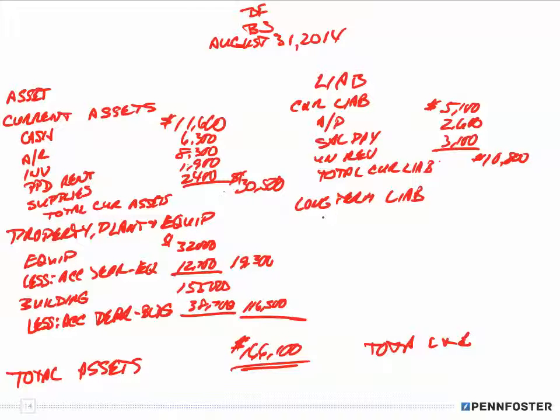Okay, and in this case, I have a note payable and I have a mortgage payable. And this is going to be the same thing. I have 60,000 here. And 21,500 here.